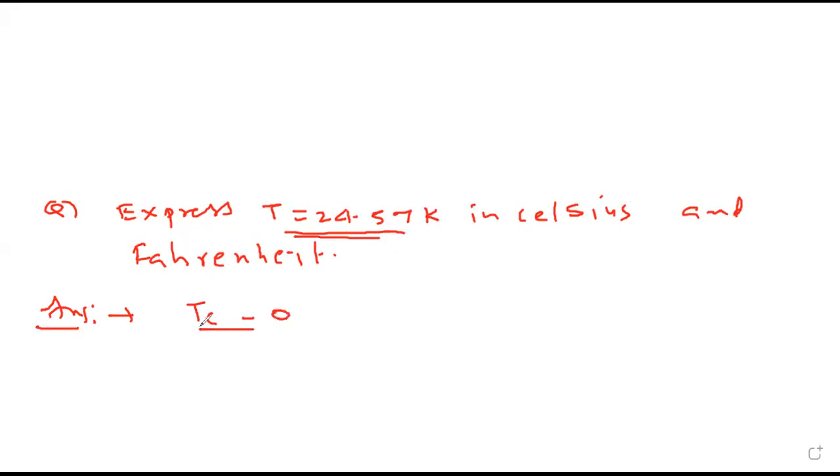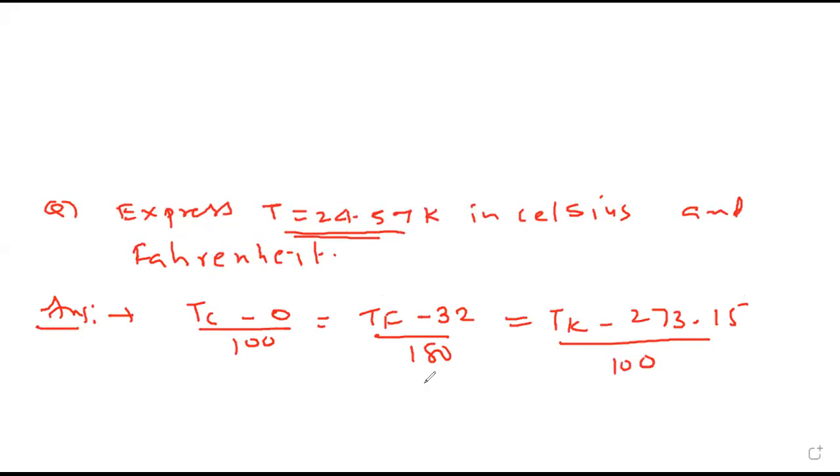T Celsius minus 0 upon 100 is T Fahrenheit minus 32 upon 180 is T Kelvin minus 273.15 upon 100. Therefore, T Celsius upon 100 is T Kelvin minus 273.15 upon 100. The 100 cancels.